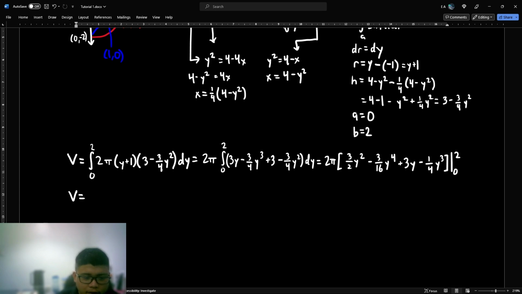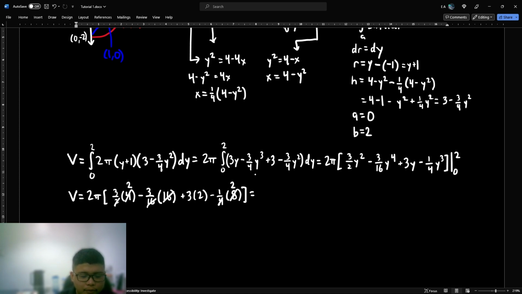So our volume would now be equal to 2 pi times 3 halves times 2 squared, which is 4, minus 3 over 16 times 2 to the 4th, which is actually equal to 16, plus 3 times 2, minus 1/4 times 2 cubed, that's equal to 8. Simplifying even further, we could cancel this, which becomes a 2, and this also becomes a 2.